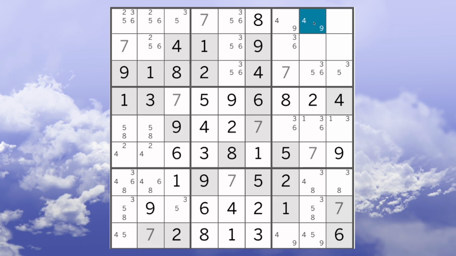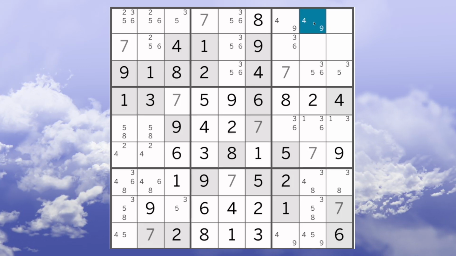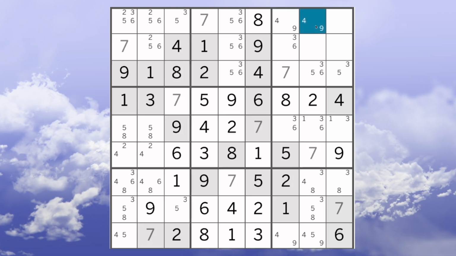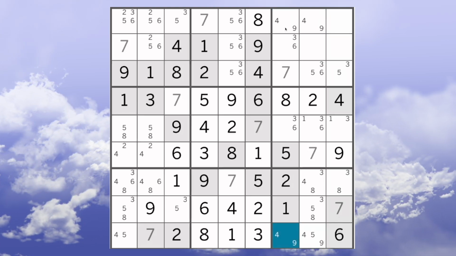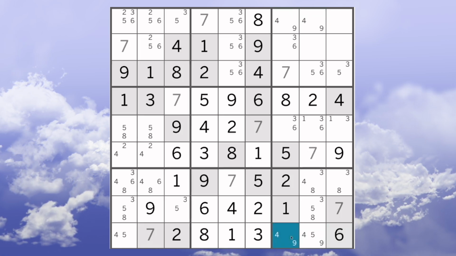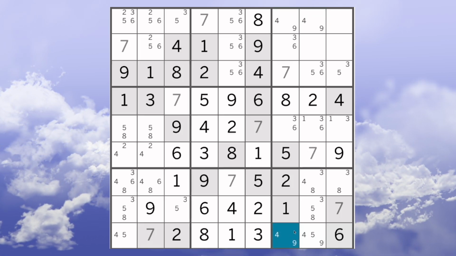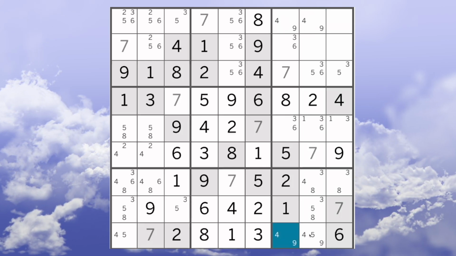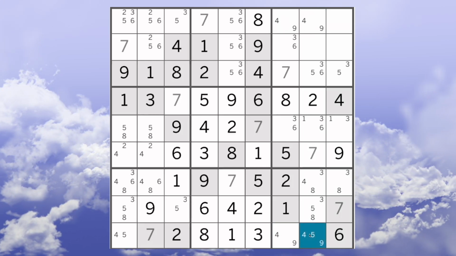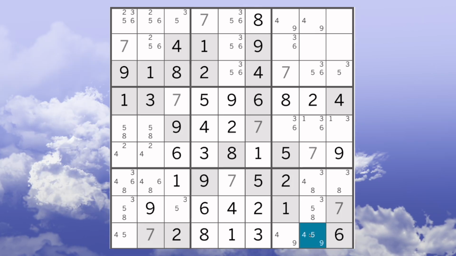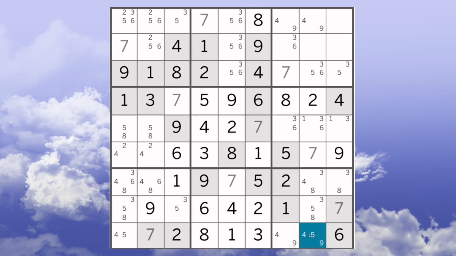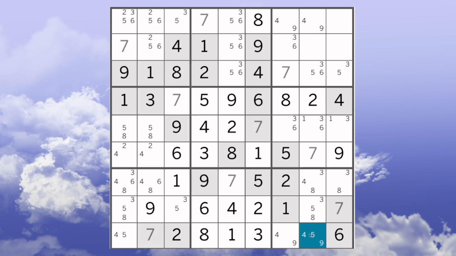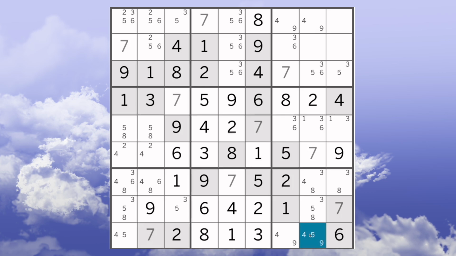So we have an interesting thing here. In these 4 blocks, we have 3 of them that have to be a 4 or a 9. Then you have this one that can be a 4, 5, or 9. One of the rules of Sudoku is it can't have multiple possible answers.